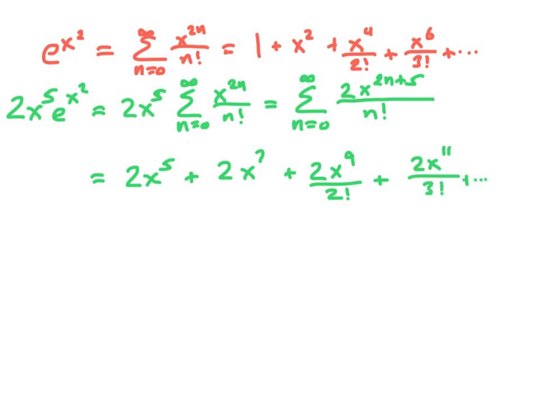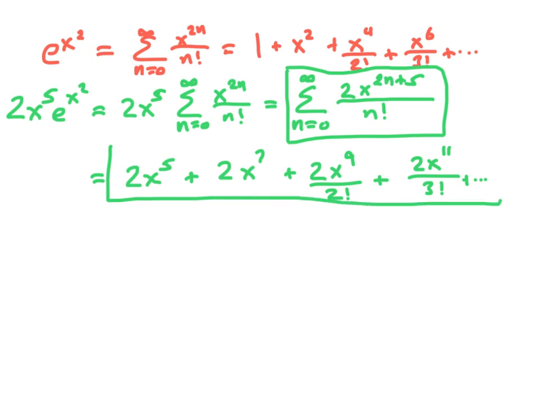And of course, we could continue on with as many terms as we would want, but here is the power series in compact sigma notation for our function f of x, as well as the first 4 terms of the expanded out Maclaurin series.